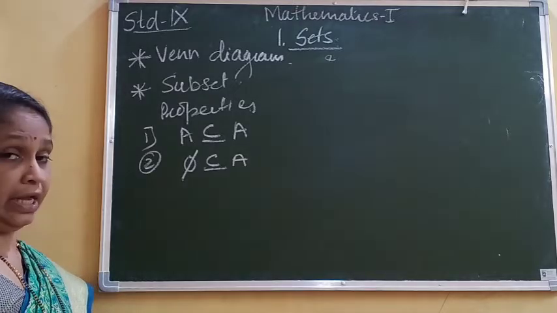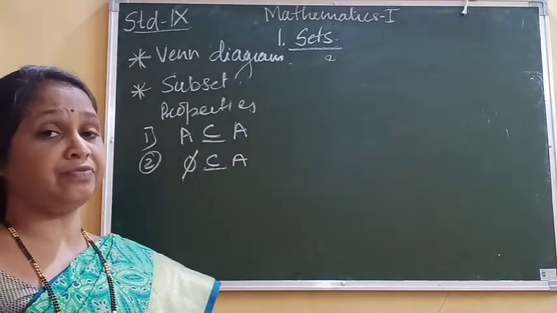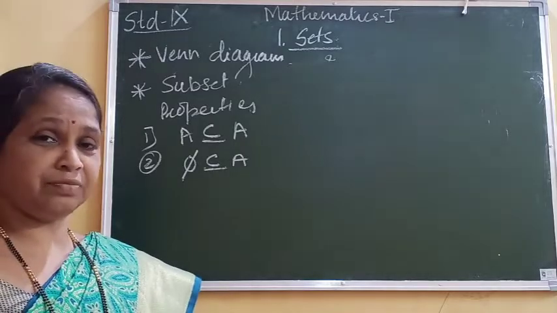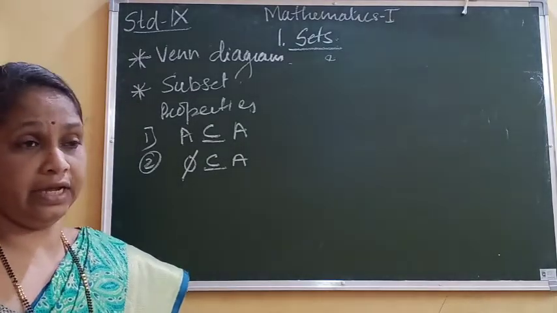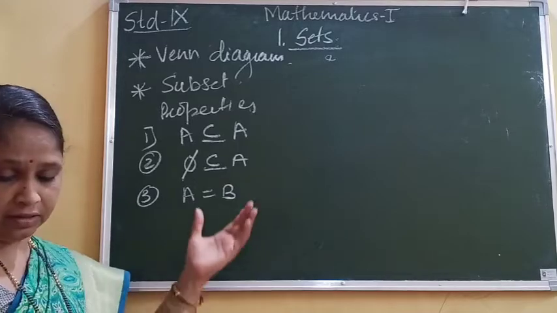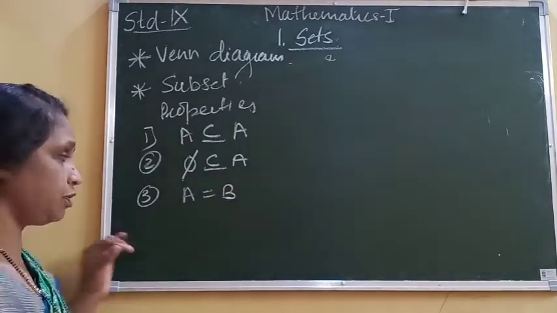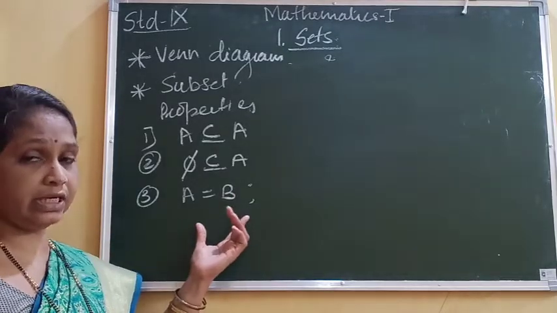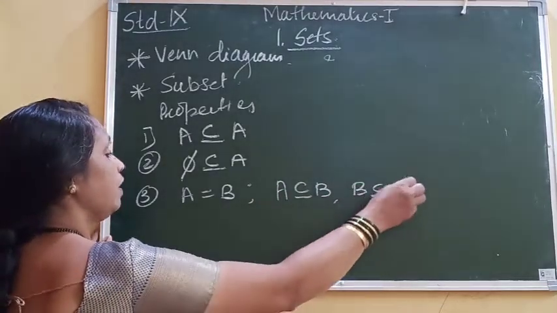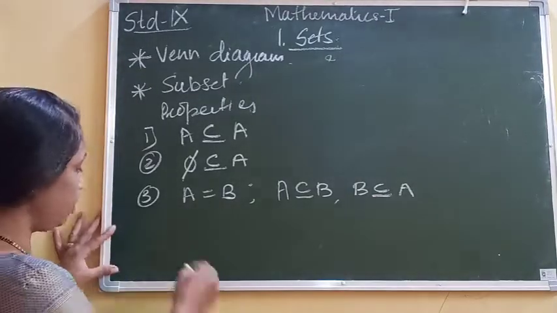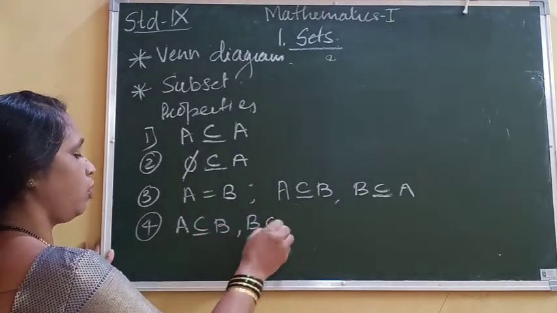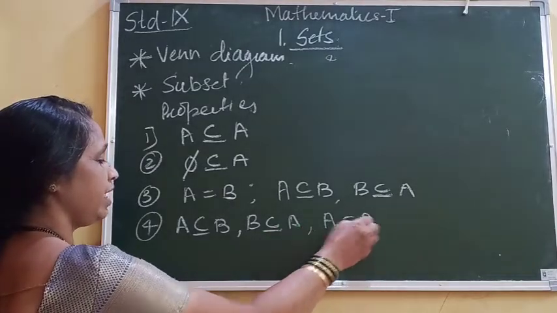Now next, if A and B are two sets. When we say A and B are equal sets, it means A's elements are present in B and B's elements are present in A. Then A is a subset of B and B is also a subset of A. The fourth property is: if A is a subset of B and B is a subset of A, then we can say that A and B are equal sets.